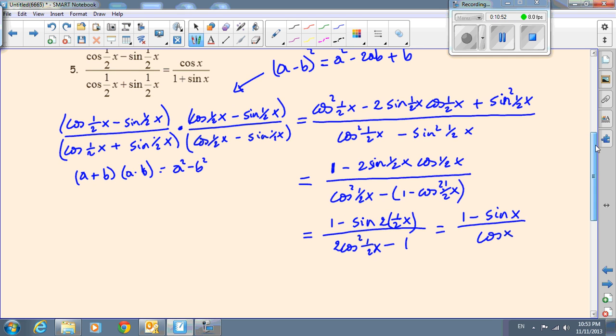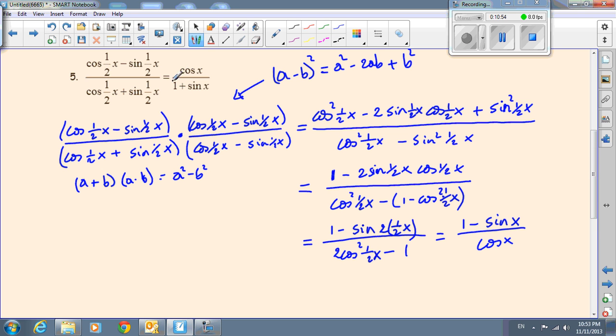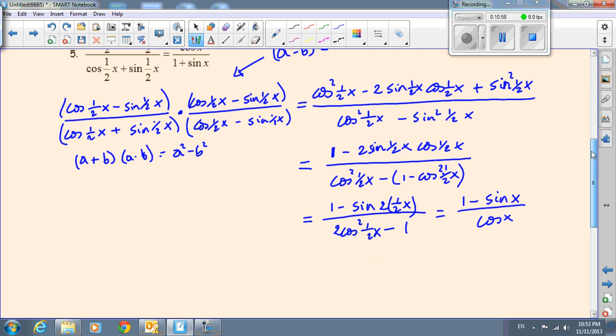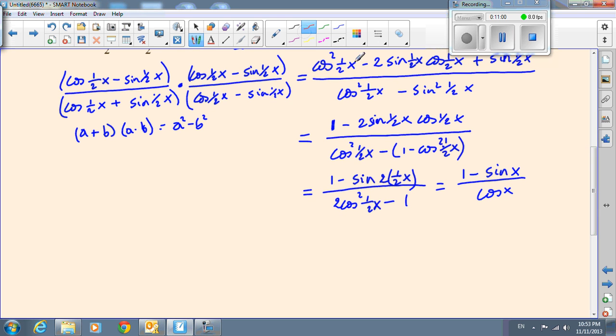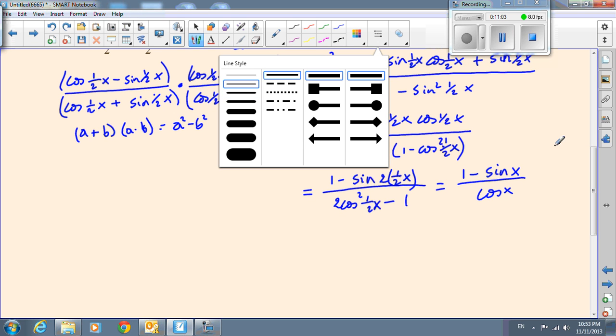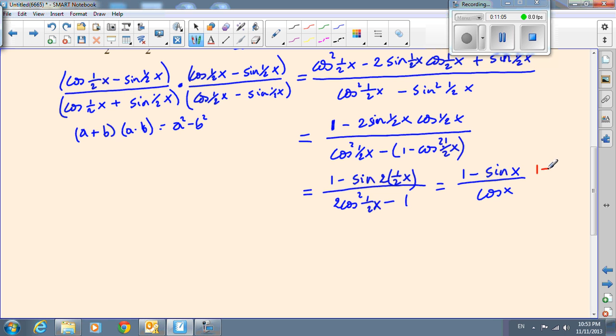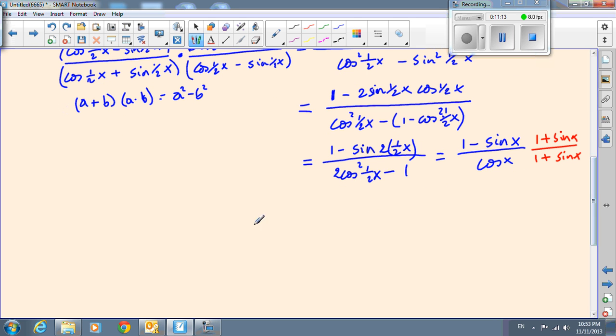Once I reach this level, if you note on your answer, I have 1 plus sine of x on the bottom. So I need to introduce that 1 plus sine of x. What I will do is I'll multiply the top and bottom by 1 plus sine of x. And once I multiply top and bottom by 1 plus sine of x, I have again a difference of squares, so it's 1 squared minus sine squared of x on top.